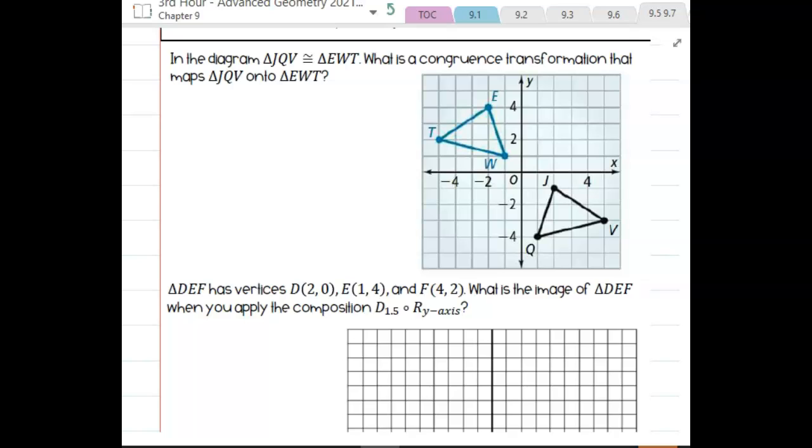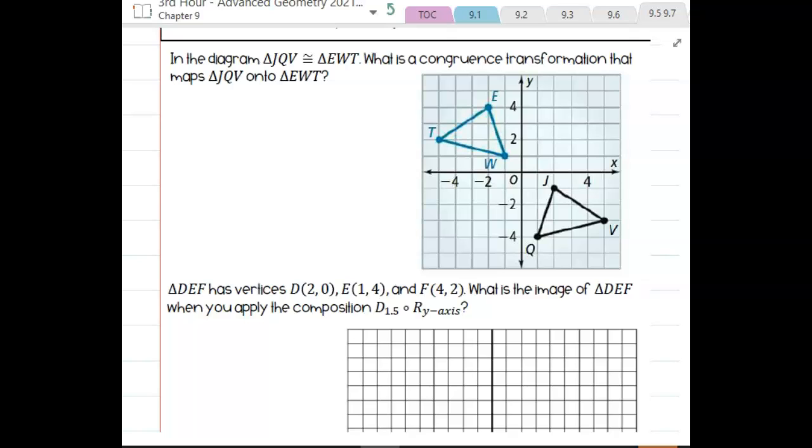So, a rotation, okay, so what I want you to notice is that J and E are both at the top of the figure. We need them both at the top of the figure, right? So if I were to rotate one of these, J's not going to be at the top of it. Do you see that? So I don't want to rotate it. Even if I rotate it twice, it's going to be at the bottom. I don't want to rotate it.